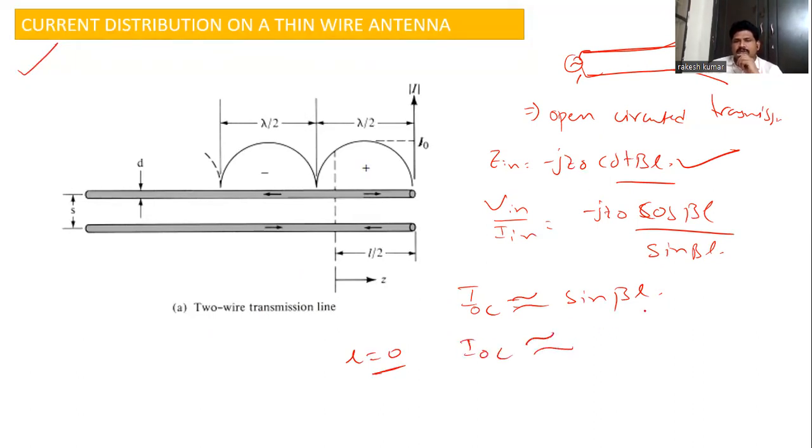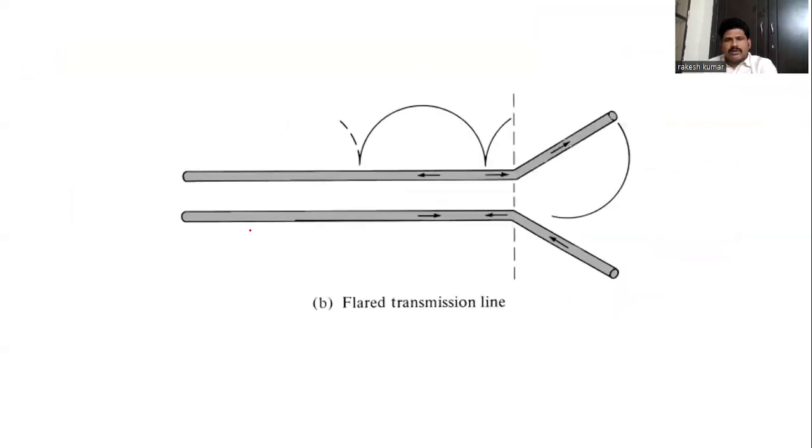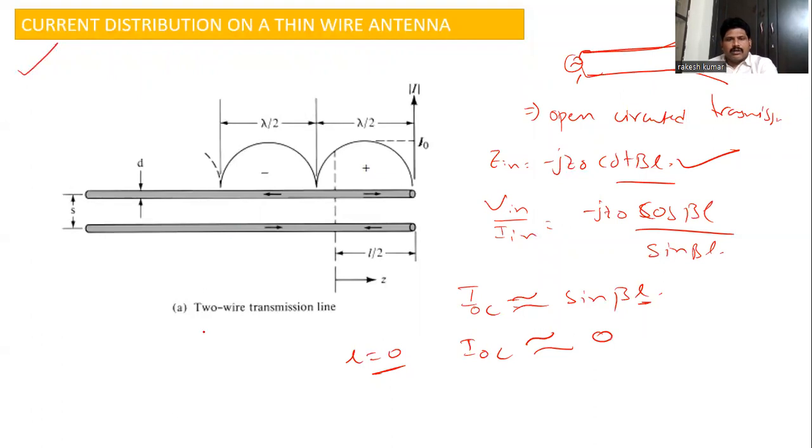Simply substitute, it is sin 0, so 0. Now the expression is I_OC equal to sin beta L. Let us consider L equal to lambda by 4. Then what is the expression?